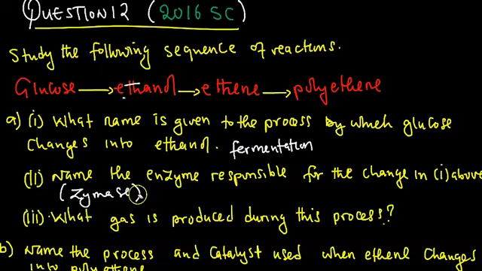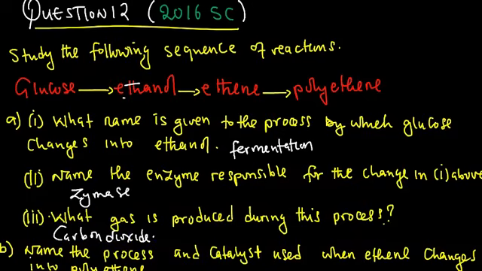So the enzyme is zymase. Then, what gas is produced during the process? When glucose is converted into alcohol through fermentation, the reaction produces carbon dioxide. So the gas is carbon dioxide.